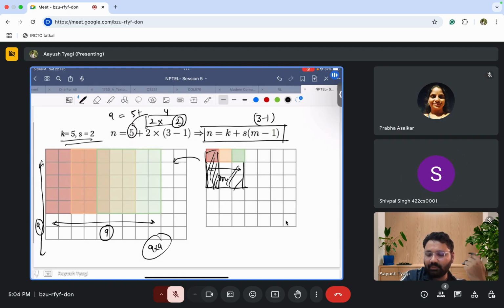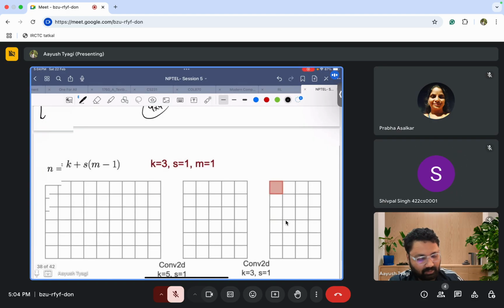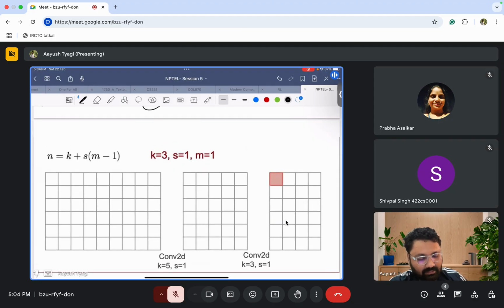what people generally do is they generally have smaller filter sizes. They have a filter size of 3, but they make their architectures deeper.